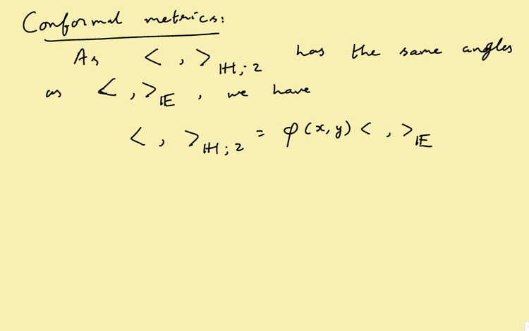So from trying to find this complicated object which is an inner product at each point, we are reduced to finding a function. Now what do we have by further symmetries?